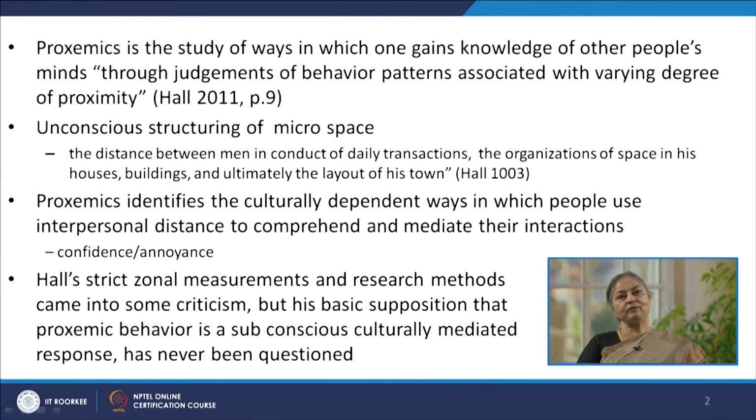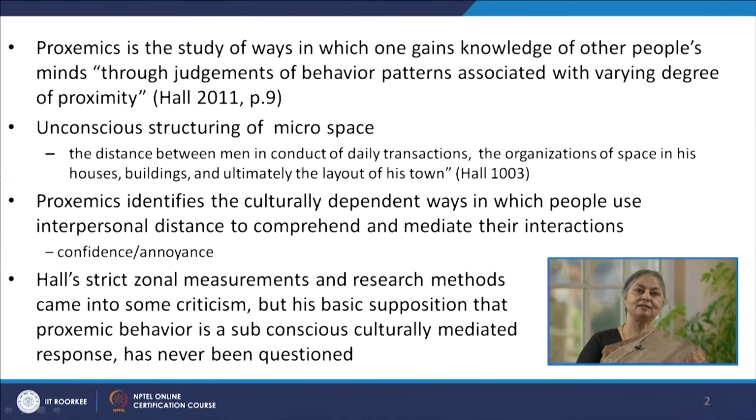At the same time, we find that proxemics also identifies the ways in which people bank on their cultural background to suggest how a particular spacing can pass on feelings and emotions related with their confidence, and how much distance can create annoyance amongst people.